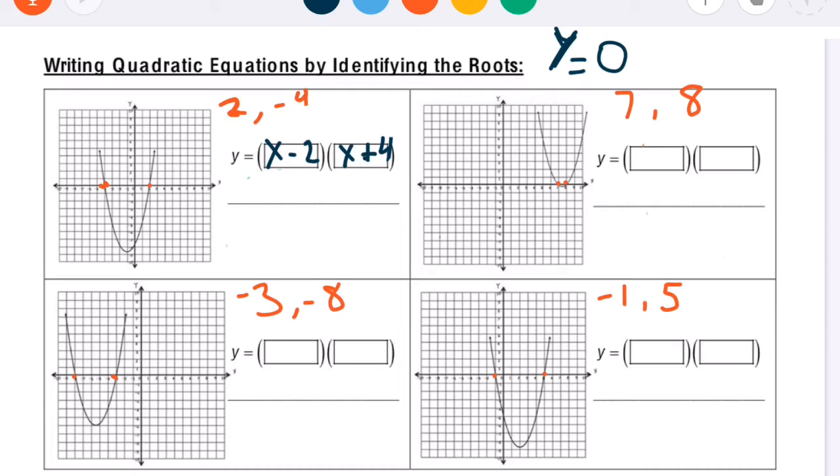The reason why it's the opposite sign, we're talking about roots. We're talking about when y equals 0. We know that the y value equals 0 because it's the point where it's on the x-axis.